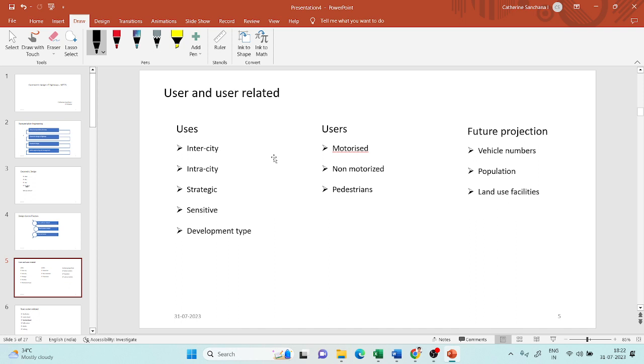Now, coming to strategic, see, you would have heard about the Border Roads Organisation.